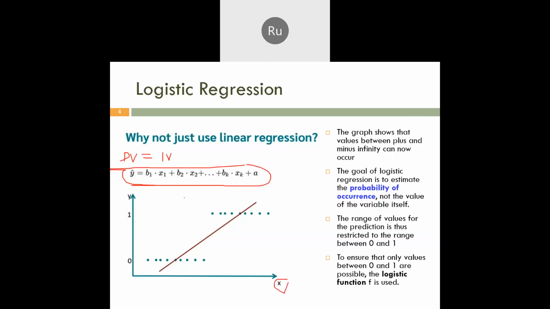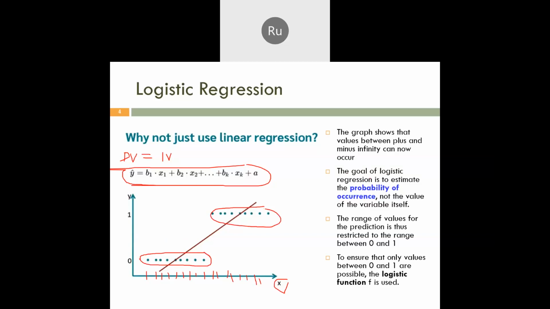Your x1, x2, x3, and so on may occur at this point. The y here falls between 0 and 1. Either they have it or they do not have it, so the probability is 0 or 1.